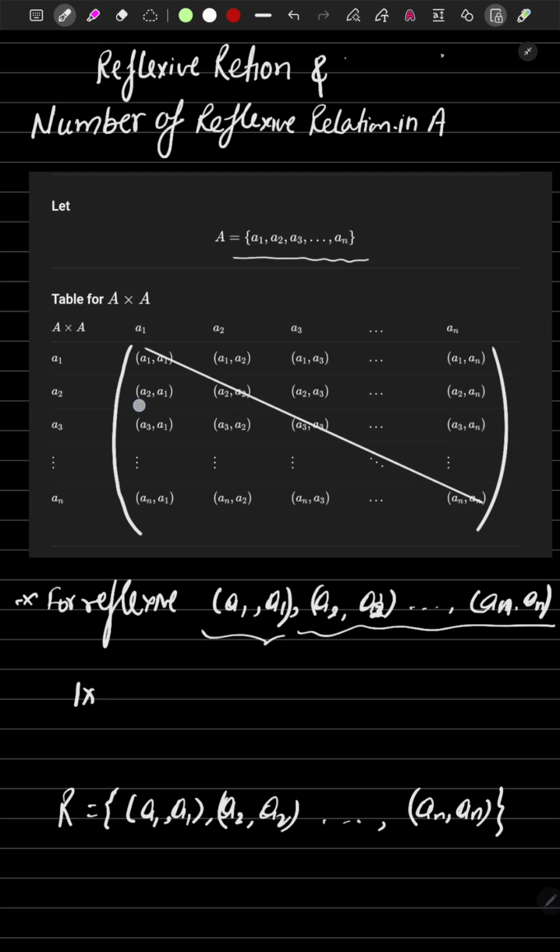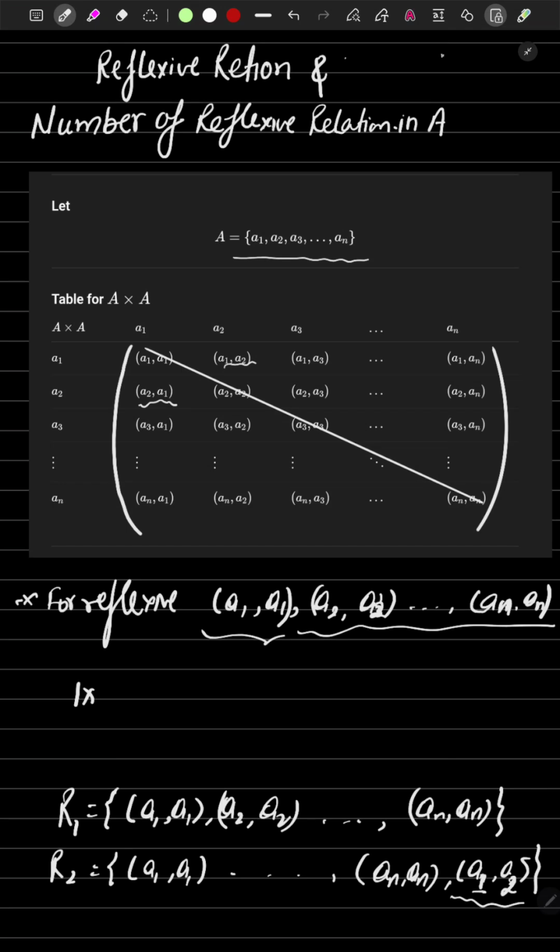Now let's take one element (A1, A2). Either I include (A1, A2) in this relation or not. If I include it, then I get another relation: (A1, A1) up to (An, An), and I include the element (A1, A2). It means there are two ways, two relations corresponding to the element (A1, A2), such that the relation is reflexive.